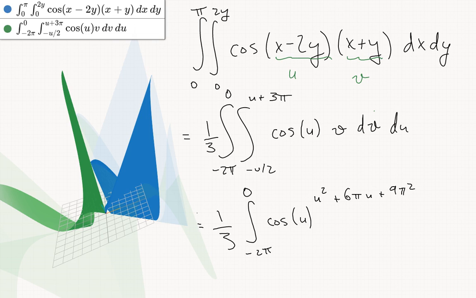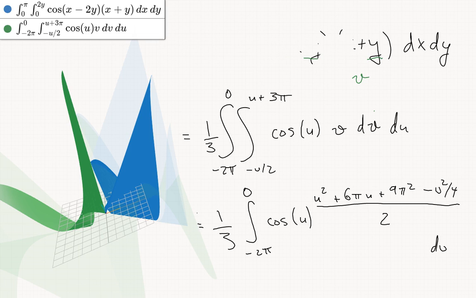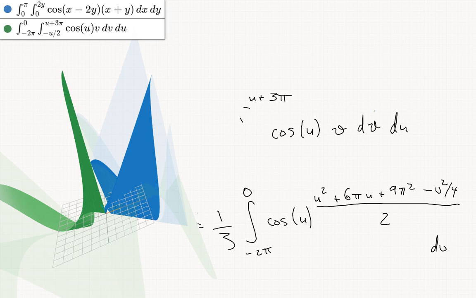We'll get 1/3 integral from negative 2 pi to 0 of cos u times, let's see, now we have to do u squared plus 6 pi u plus 9 pi squared, and then minus u squared over 4, all over 2. Then this du.